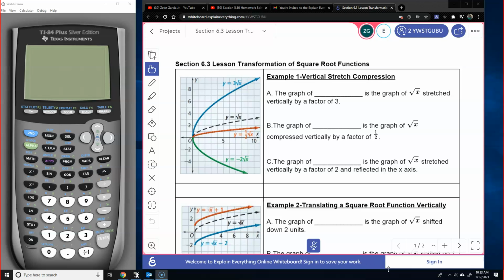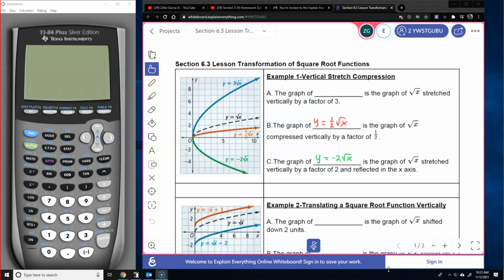The one that's reflected is the green one, so it's going to be y equals -2 square root of x. And the one that is compressed vertically by a factor of 1/2 is y equals 1/2 square root of x.